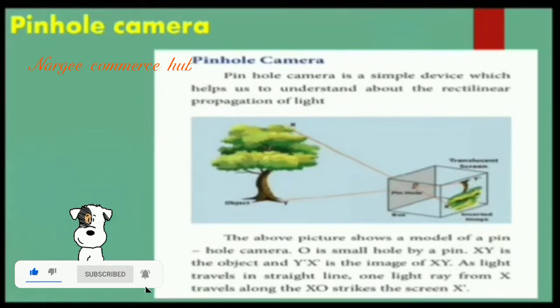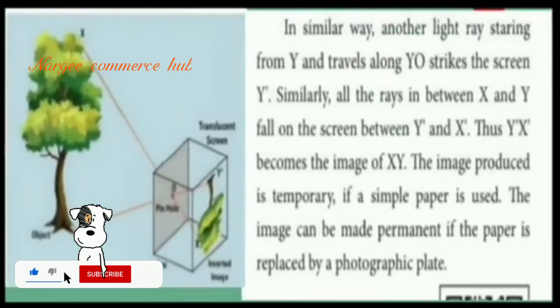As light travels in a straight line, this one light ray from X travels along XO and touches the screen at X dash. In a similar way, another light ray starting from Y travels along YO and strikes the screen at Y dash.